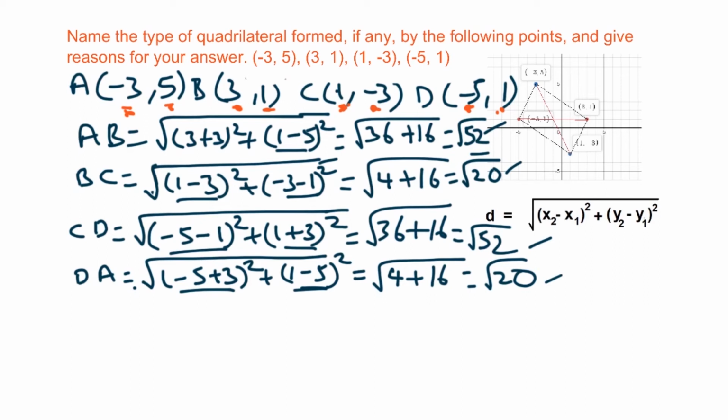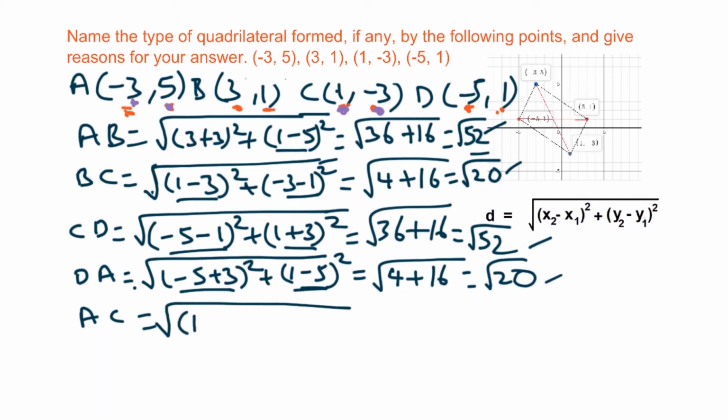Now we have to find the lengths of the diagonals. So first diagonal is AC. Let us take this as x1, y1 and this as x2, y2.